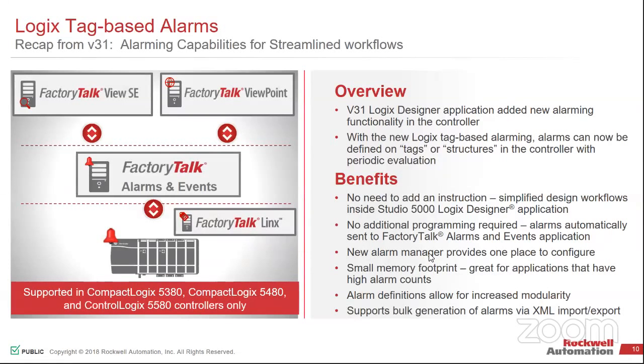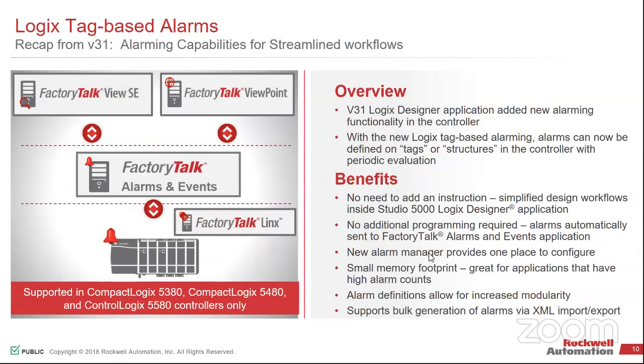I now scan my controller every 500 milliseconds. At that interval, if there are any alarms, it pushes from the controller to the HMI, and I don't have to do anything at the HMI level. This is either FactoryTalk View SE or the new PanelView 5000.